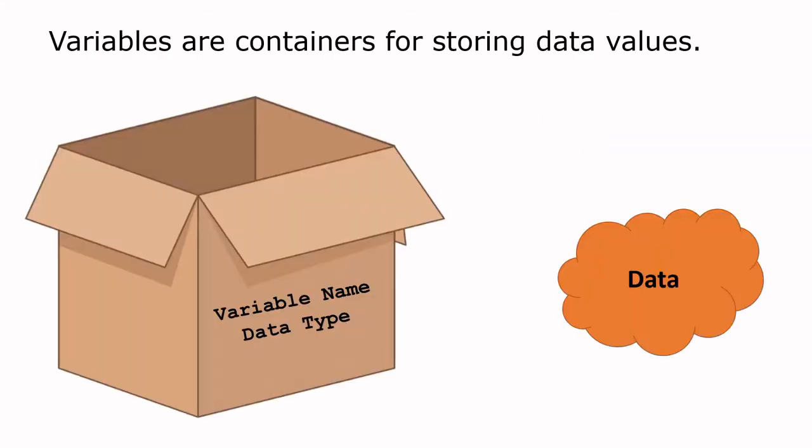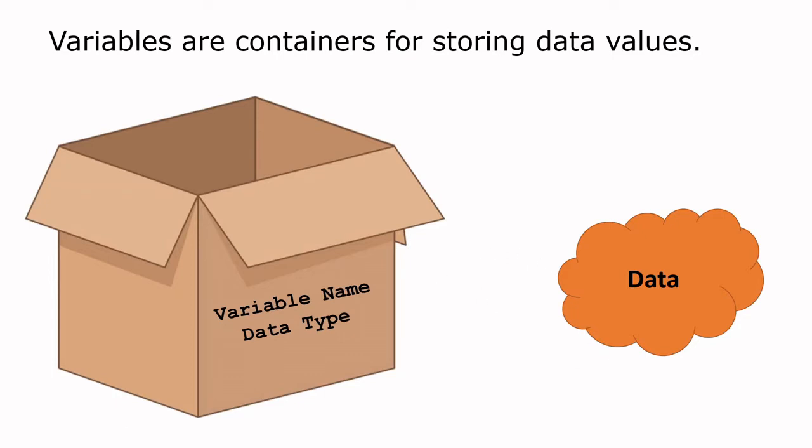Now to keep it simple and to explain what variables are and how we can use them, let's visualize the idea of a variable. First, let's think of variables as simple containers in which we are going to be storing some data.